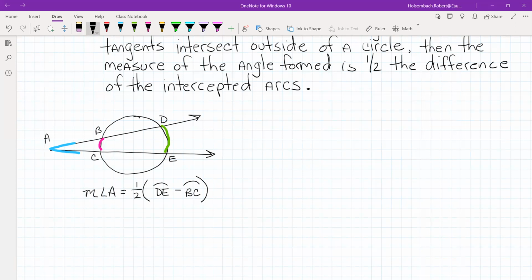So take a look at a secant and a tangent in the next picture there. Here's our circle again. Here's our point of origin outside this circle. Here's a secant. And then here's a tangent.